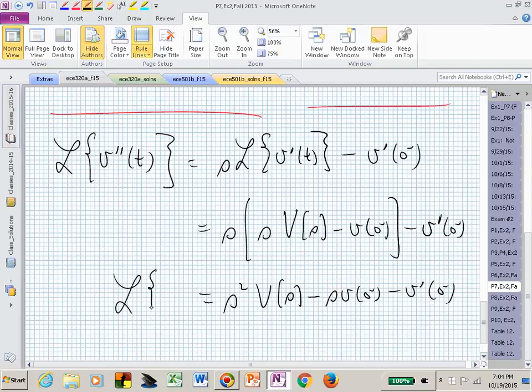And that's the Laplace transform of a double derivative. So you do have more initial conditions that come in for each derivative that you have to deal with. But that's where those additional terms come from.